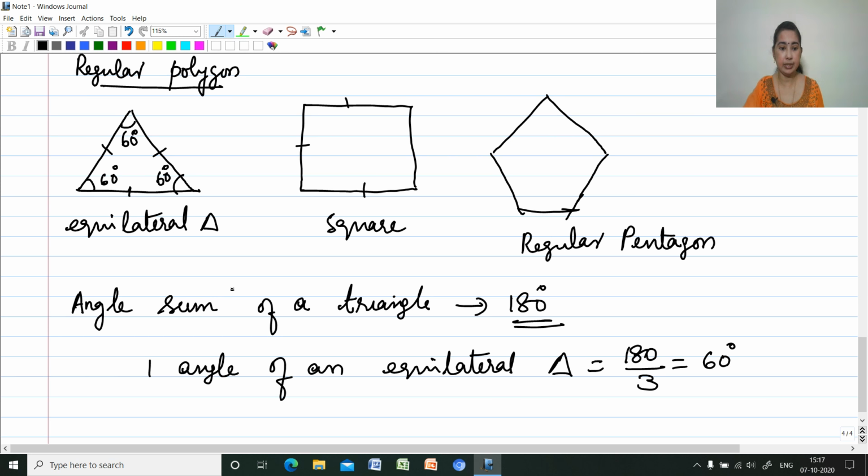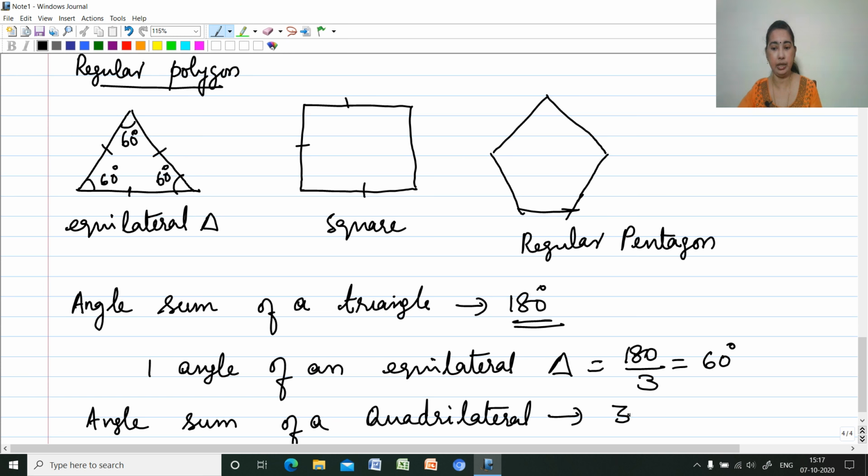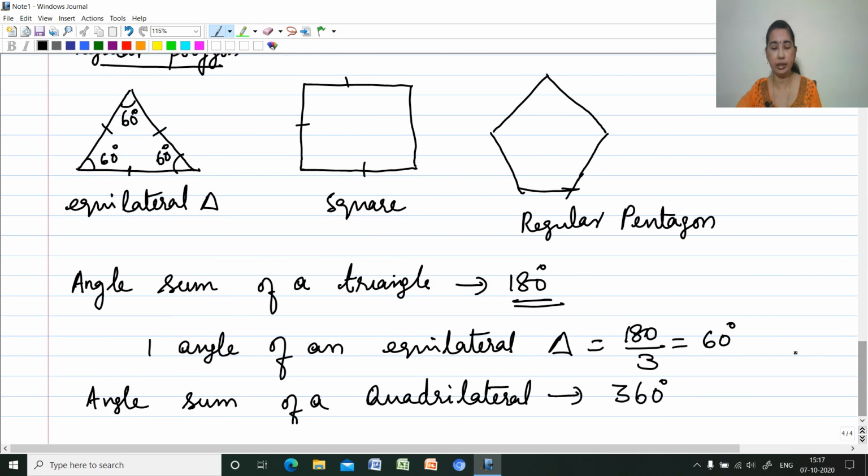So that is about the angle sum property of a triangle. The sum of all 3 angles will be 180 degrees, and each angle of an equilateral triangle will be 60 degrees. And what about a square or a quadrilateral? The angle sum of any quadrilateral will be 360 degrees. The angle sum of a quadrilateral, that is a 4-sided figure, is equal to 360 degrees.